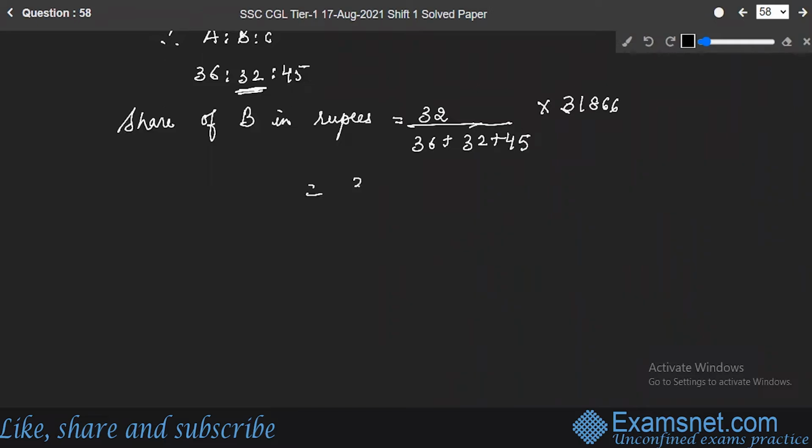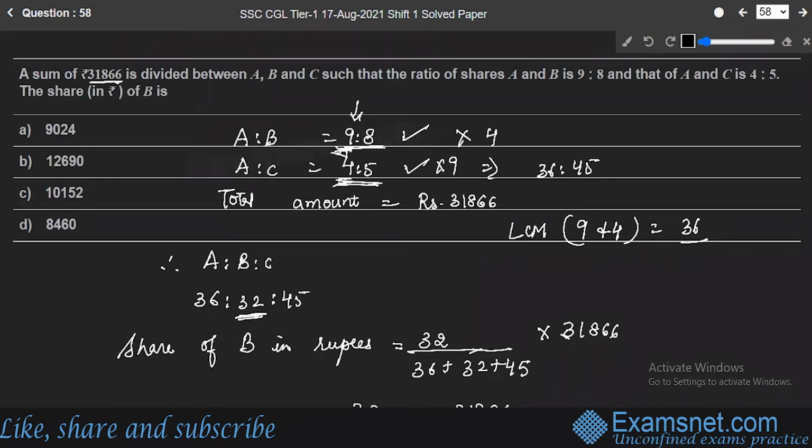So this gives 32 divided by 113 multiplied by 31866, which gives you rupees 9,024. And this is your answer. It was a pretty easy question, right? Let's check with the options. Yes, option A is the correct answer to the question. Hope you are clear.